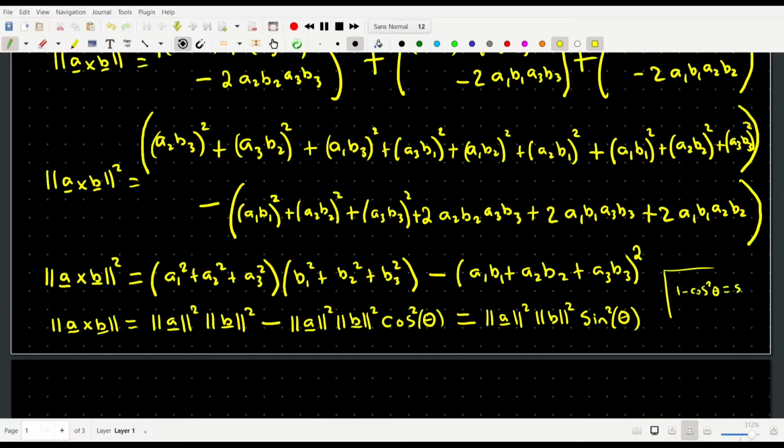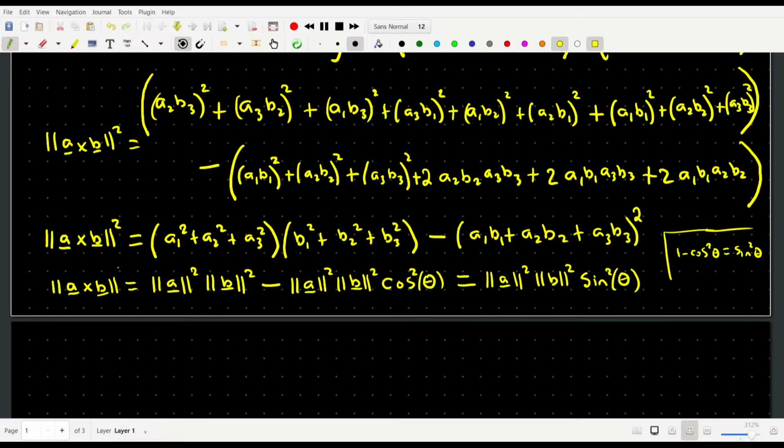So what I've just shown is that the length of A cross B squared, the length squared of the cross product vector, is always going to be equal to the length of A squared, length of B squared times sine squared of theta.